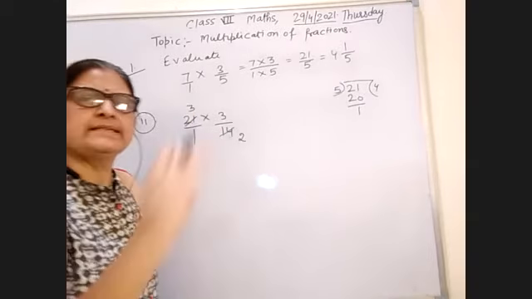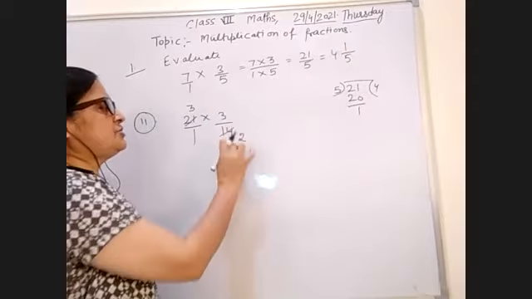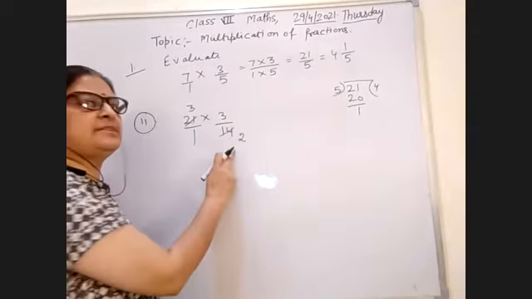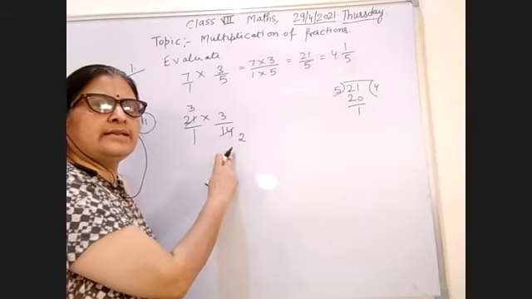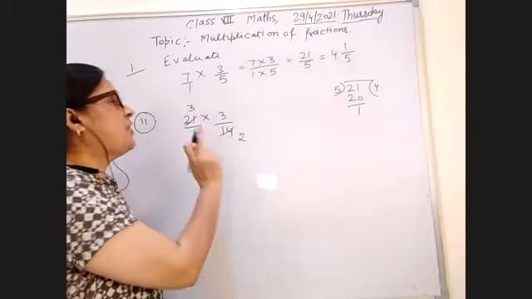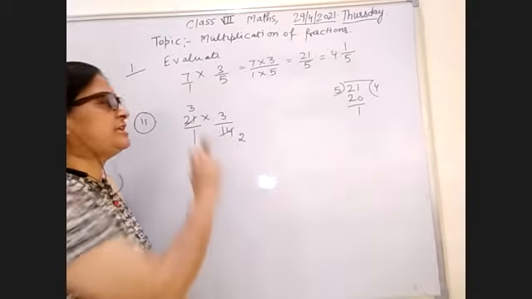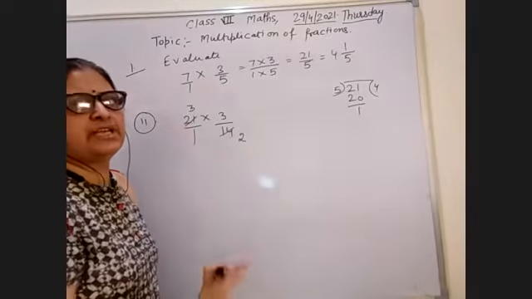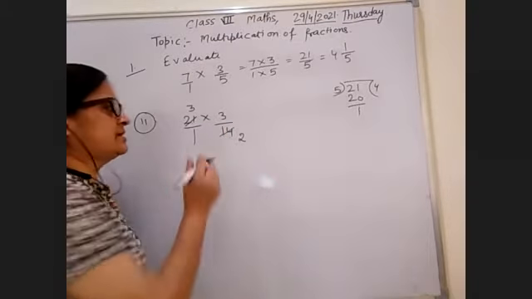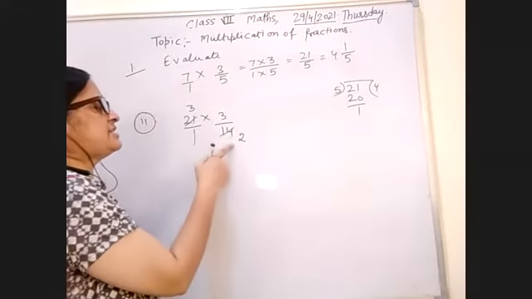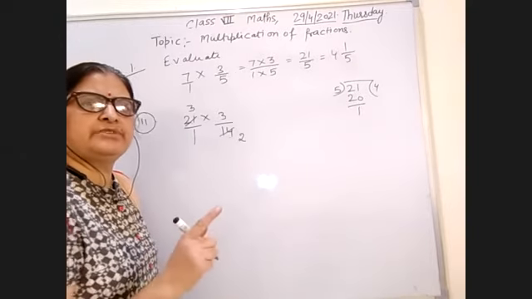Only the cross numbers are cancelled. Denominator is not cancelled with the denominator and numerator is not cancelled with the numerator. Only in the cross section you can cancel it. Okay. 7 threes are 21, 7 twos are 14, because 7 is the common factor between them.